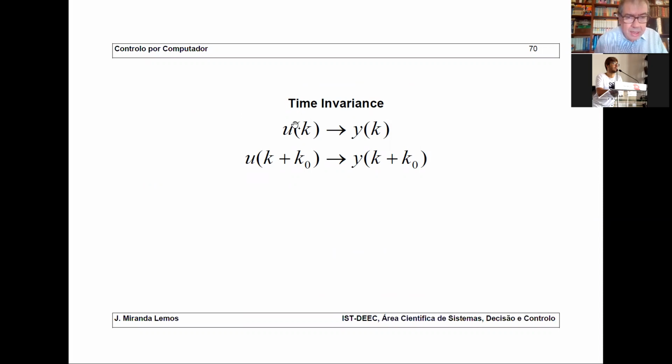If you apply a sequence u of k and you get an output y of k, now if you shift your input, then you get an output which is shifted. And if you keep all the initial conditions and so on, you get an output which is shifted by the same amount of time. Okay, that's the definition of time invariance.